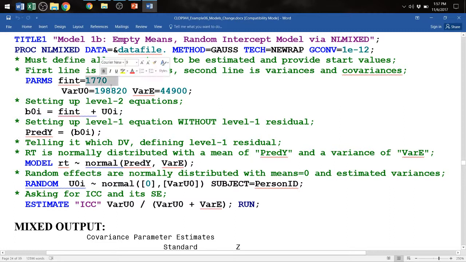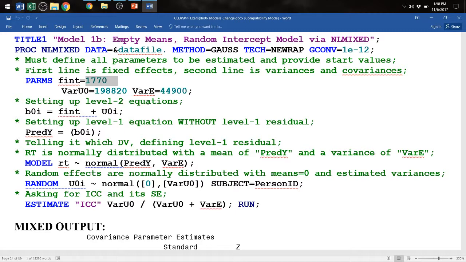After the equals sign are what are called starting values. These are values that the estimation routine starts on in trying to find the most likely values. Now you may ask yourself, how did I know what numbers to put there? Well, in this case, because this model is estimable in proc mixed, I use the right answers as starting values.